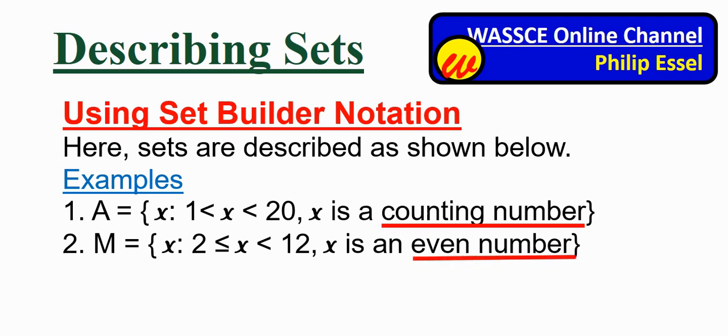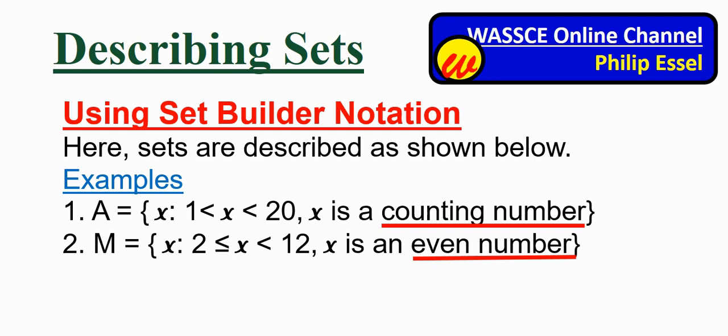Also from this set, we would realize that x is greater than or equal to 2 and x is also less than 12. So if we combine the two pieces of information, we would say that x is an even number which is greater than or equal to 2 and less than 12.